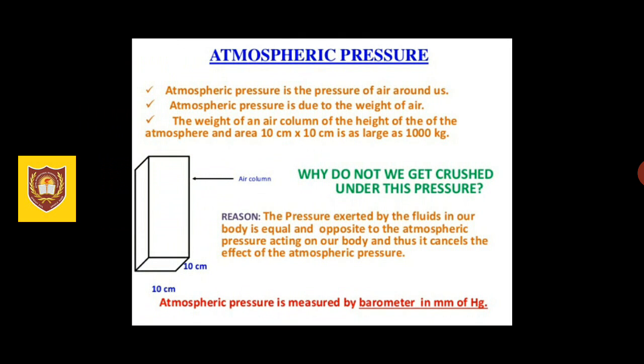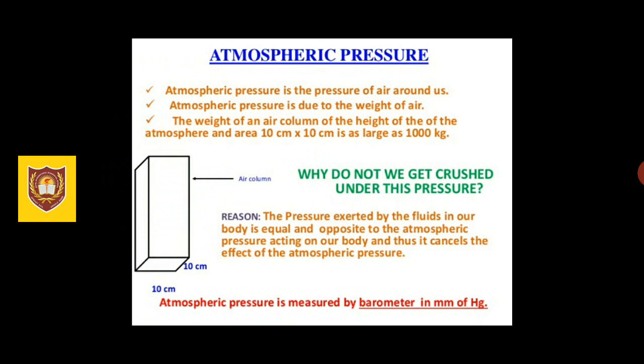Now let's study atmospheric pressure. Earth is surrounded by air. The pressure caused by air in the atmosphere is called atmospheric pressure. I'm again repeating, the pressure caused by air in the atmosphere is called atmospheric pressure. Atmospheric pressure changes with change in altitude.